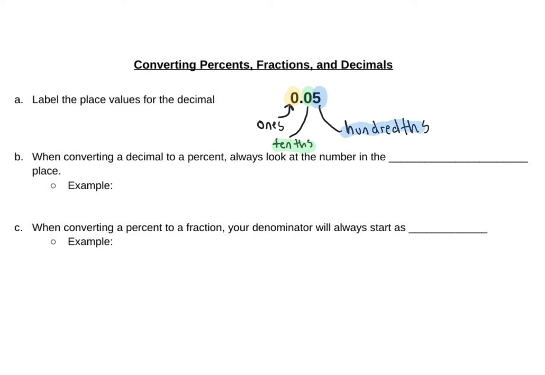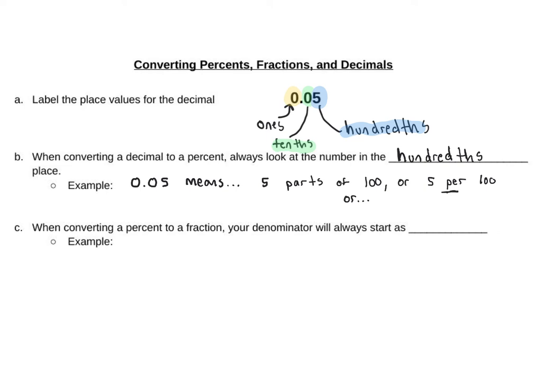When we are converting a decimal to a percent, we always want to look at that hundredths place. An example would be this decimal of 0.05. What it means is 5 parts out of 100. It's in that hundredths place, or 5 per 100, or as we've been talking about, that means 5%.